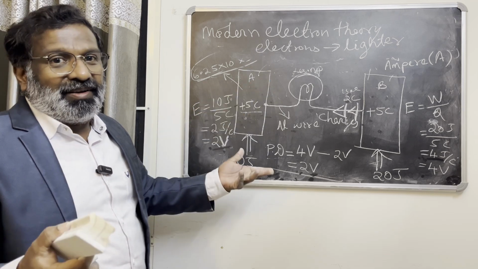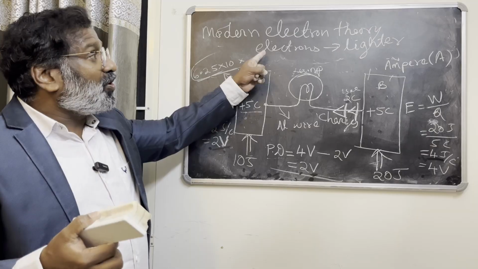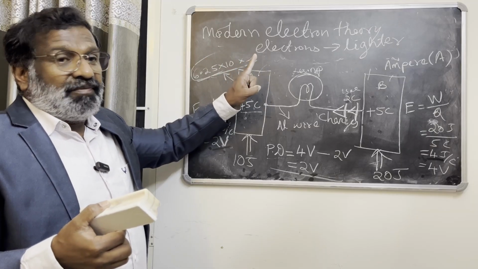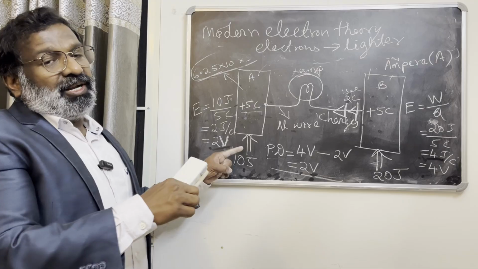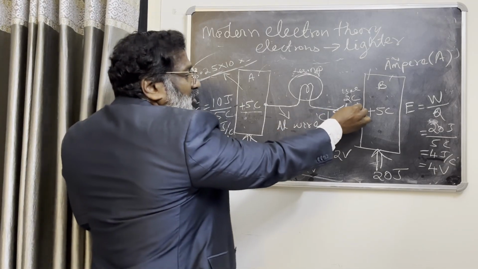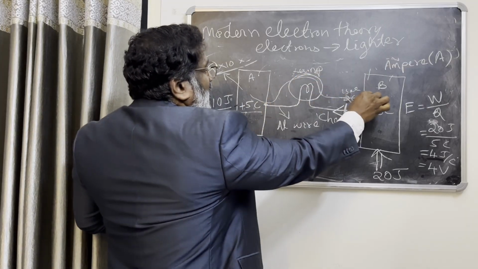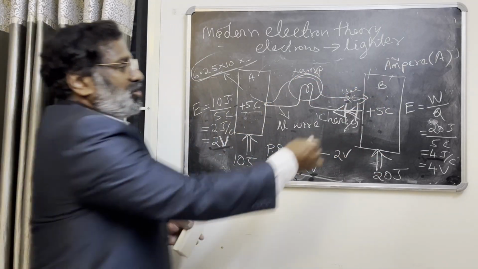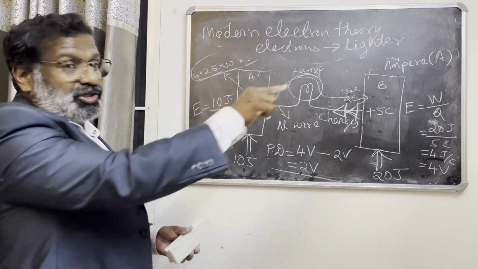So what does it mean? Which one will move faster? The lighter particles. So electrons will move much faster when compared to protons. Before the positive charges start moving from here, the electrons reach the other end because they are lighter and move fast.